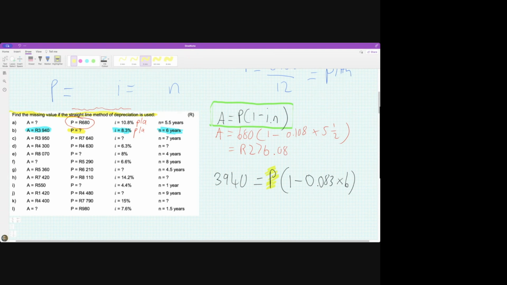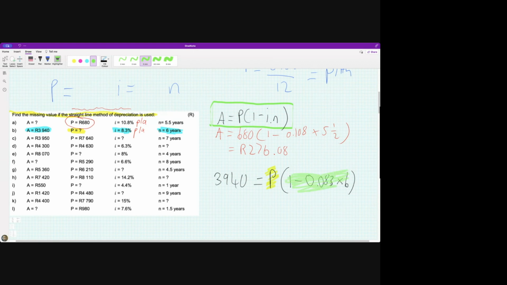Thank you. 7848. Okay, so I'm going to go to my calculator, fraction button, 3940 divided by bracket 1 minus 0.083 times 6, close bracket, equals. So what I really have to do is move this whole thing to the other side.